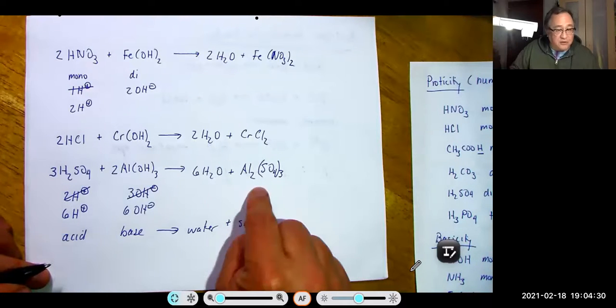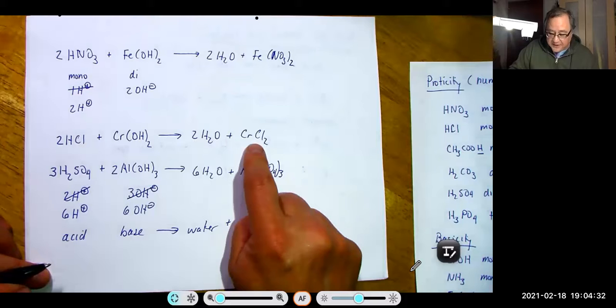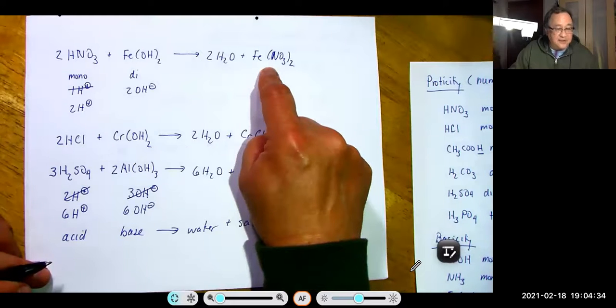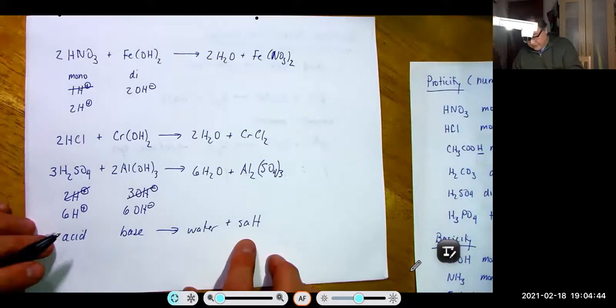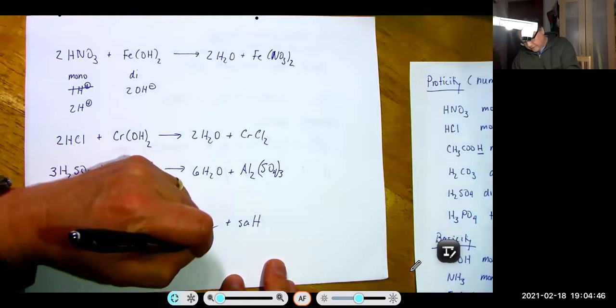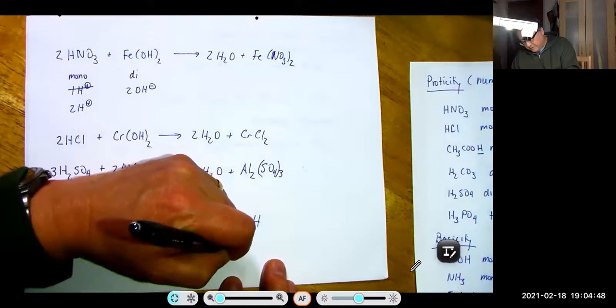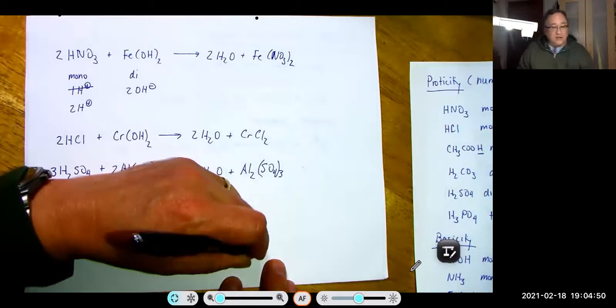That is salt. That is salt. That is salt. It's not table salt. Table salt is NaCl. Okay? So when I say it makes water and salt, I don't mean that.